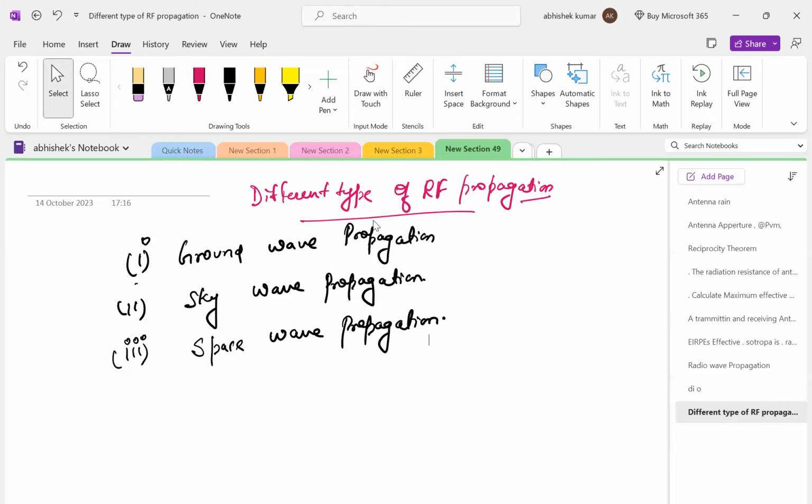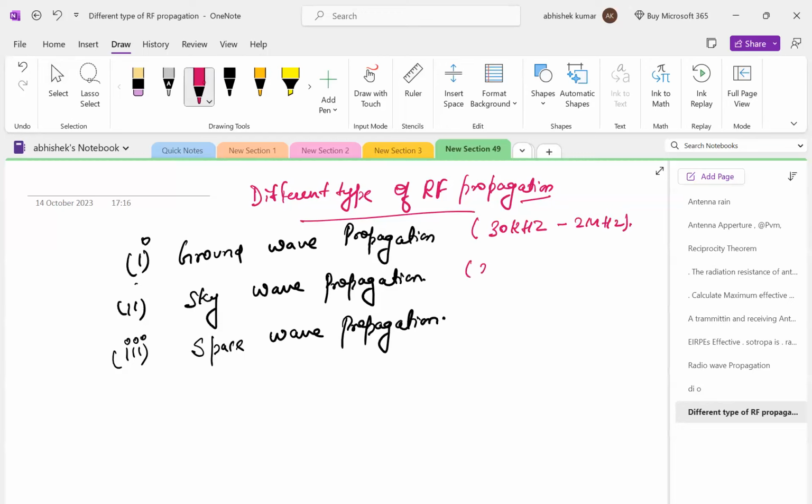Okay. I will start with ground wave propagation. Actually, you must also know that we have different frequencies at which communication is happening, right? Ground wave propagation basically happens between 30 kilohertz and 2 megahertz.